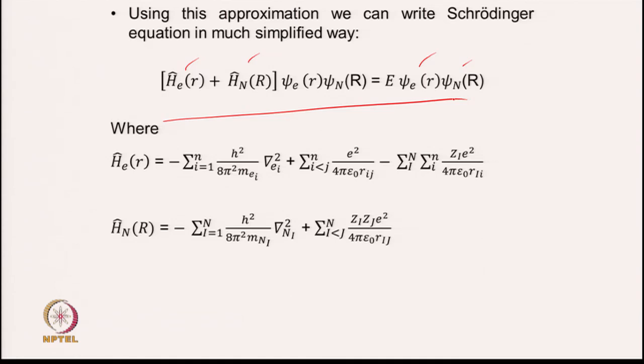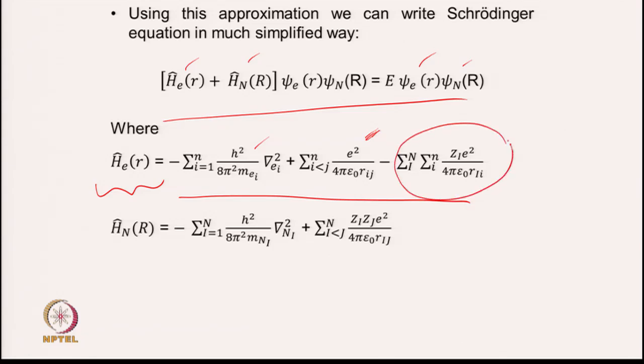The Hamiltonian for electrons, or the electronic Hamiltonian of the electronic wave function, is given as this. This is the kinetic energy of the electrons, this is the potential energy due to repulsion between two electrons, and this is the potential energy due to interaction of electrons with the nucleus.